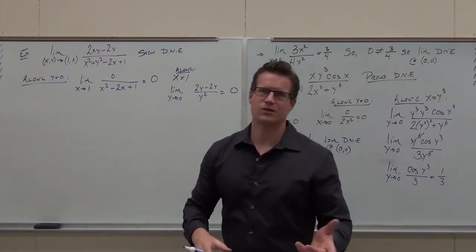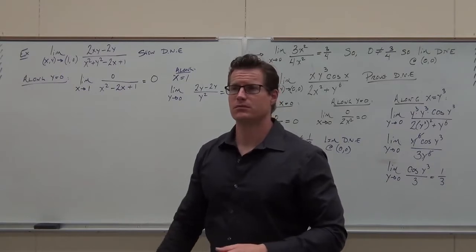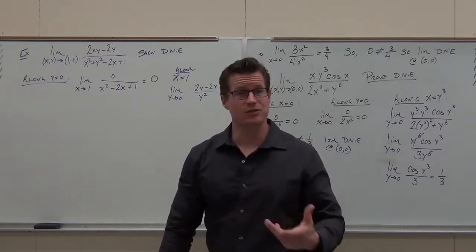Sometimes some tricks like this help. Not tricks, but some simple math. Try factoring. See if you can factor this stuff. Sometimes that gives you a path to go along.